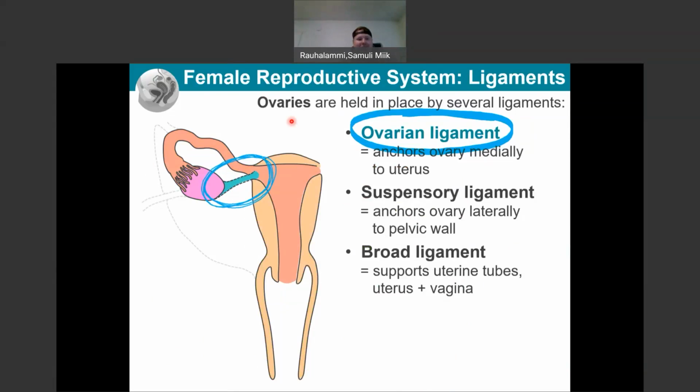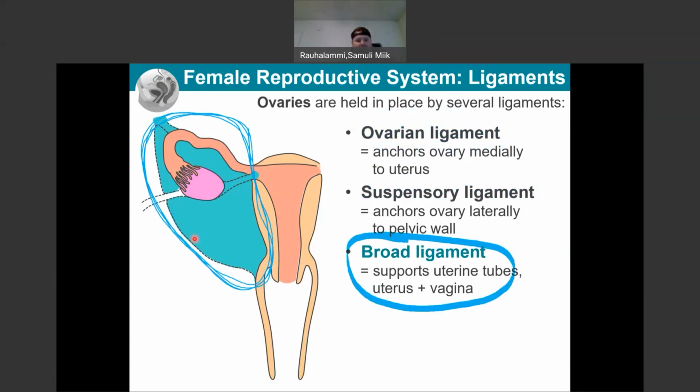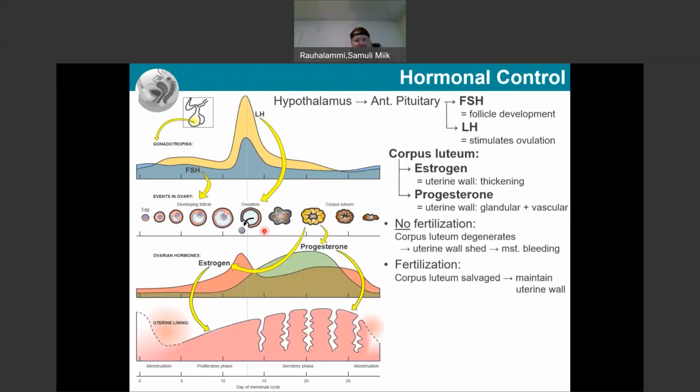And there are 3 ligaments that I wanted to highlight that hold everything in place: the ovarian ligament connecting from the ovary to the uterine wall, the uterus more medially; our suspensory ligament anchoring the ovary laterally to the pelvic wall; and finally the broad ligament, which holds all of this sheet-like structure nicely in place.